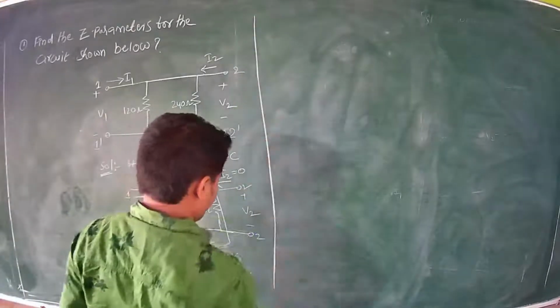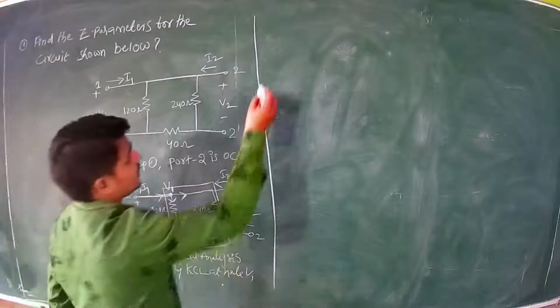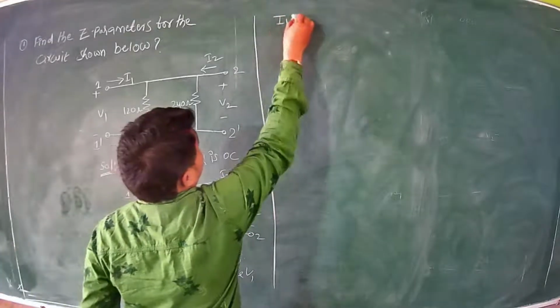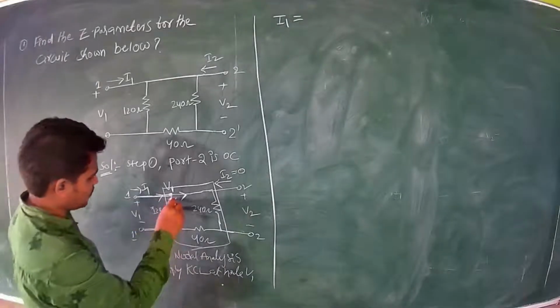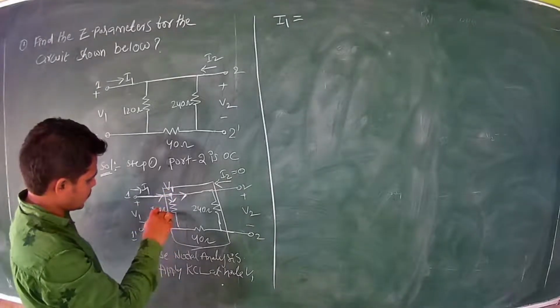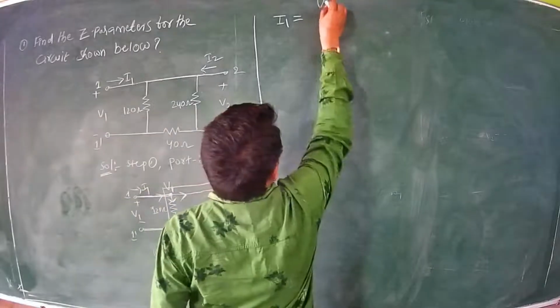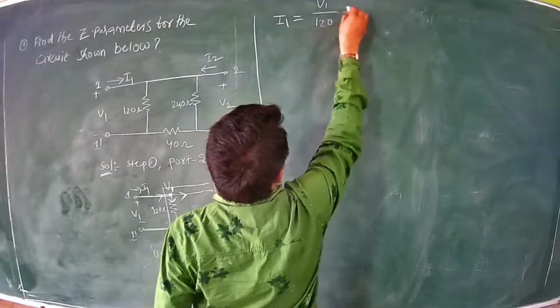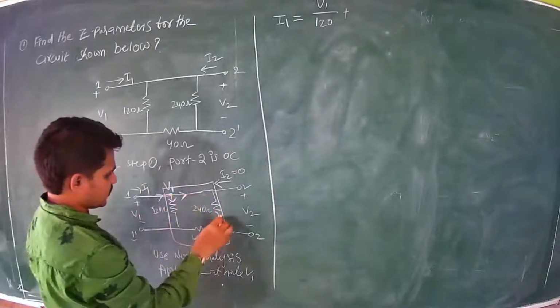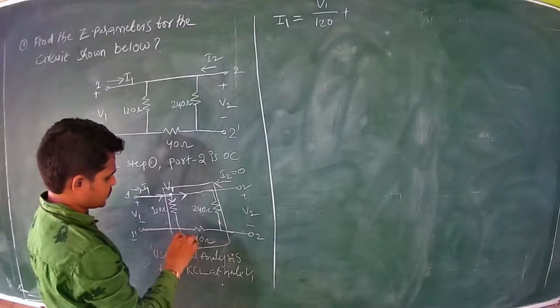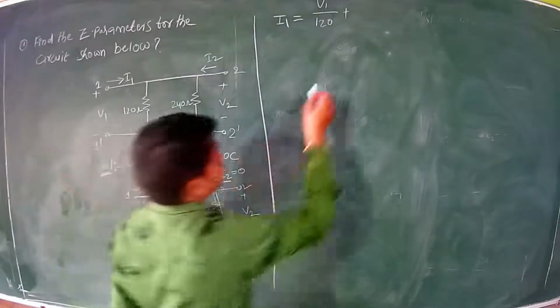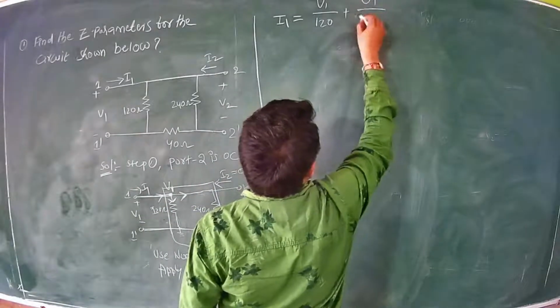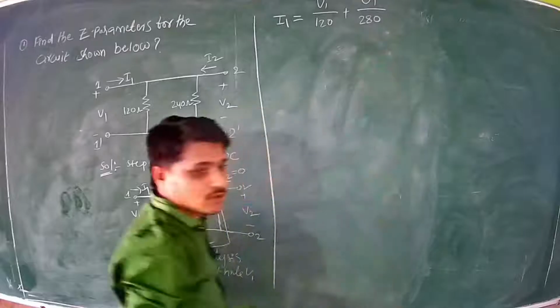So what is the entering current here? The entering current is I1. The leaving currents are V1 by 120 ohms plus V1 by 240 plus 40, that is V1 by 280.